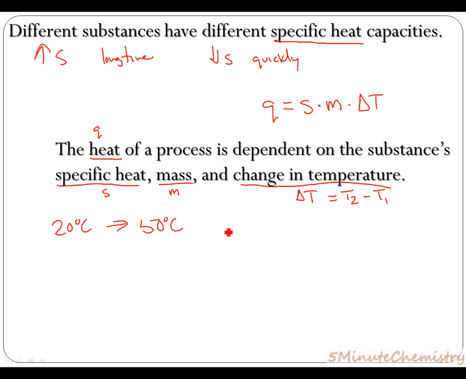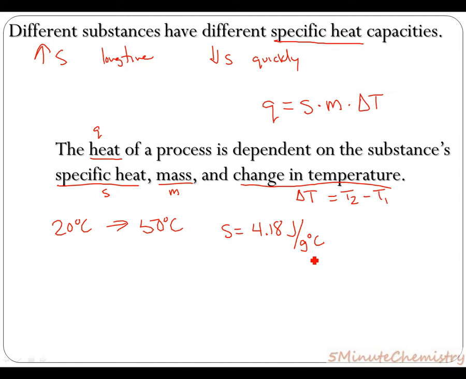Now, a couple things that we have to be familiar with here: the specific heat of water, this S value for water, is 4.18 joules of energy per gram degree Celsius. So what this communicates to us is that it takes 4.18 joules of heat energy to change the temperature of 1 gram by 1 degree Celsius.